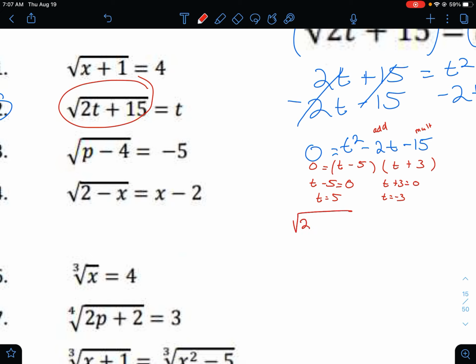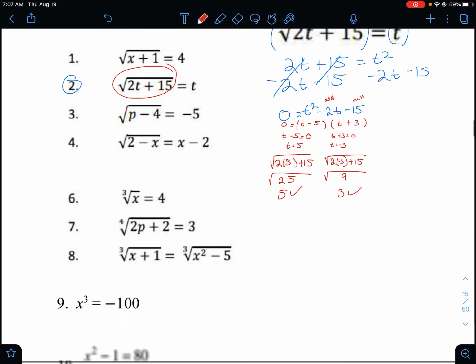We get the square root of 2 times 5 plus 15, which is the square root of 25, which is 5. So that checks out and we're good to go. If we try negative 3, we get 2 times negative 3 plus 15, the square root of negative 6 plus 15, which is 9. We get 3. That checks out. You should always check your solutions to make sure that they work.